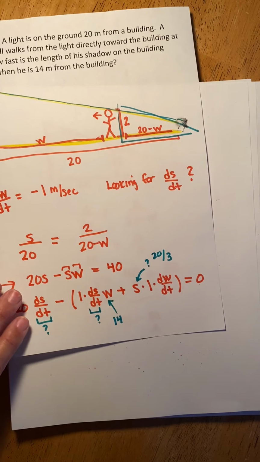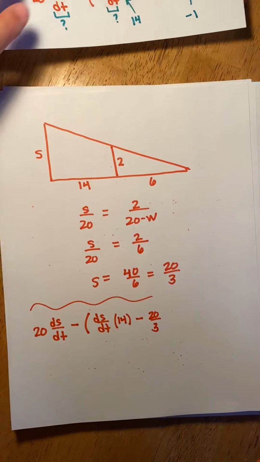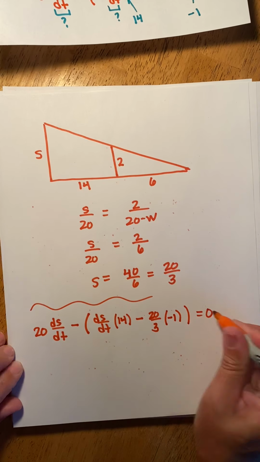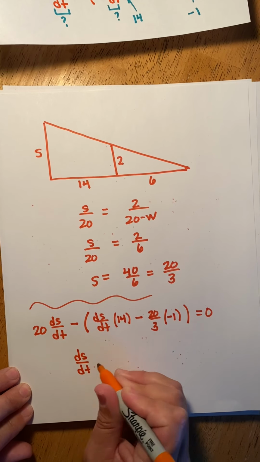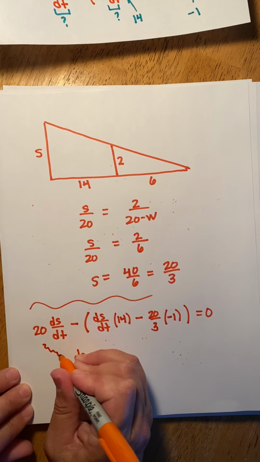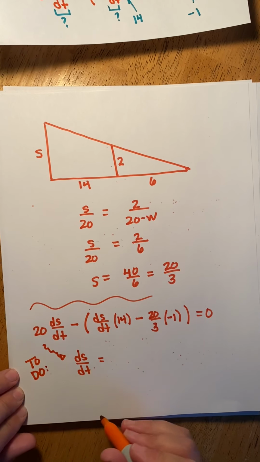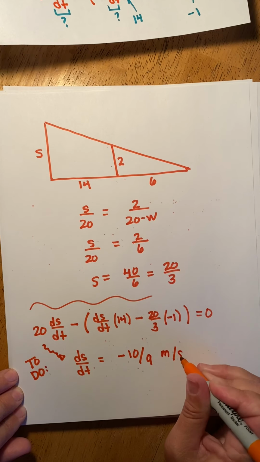He's walking at a rate of 1 meter per second, so that's -1. So 20 over 3 times -1, and that equals 0. Now I'm going to challenge you to solve for dS/dt, to do the work in between. And you should get -10 over 9 meters per second.